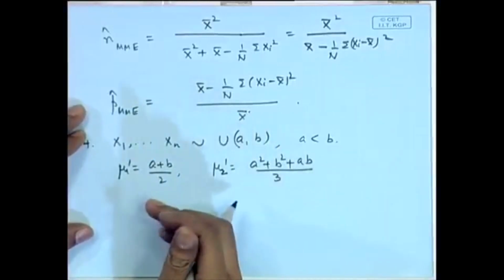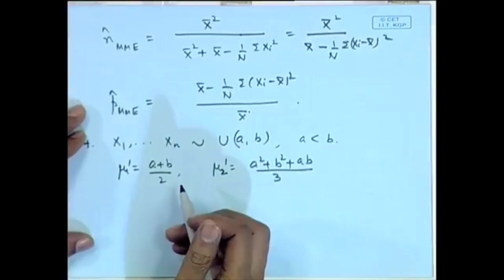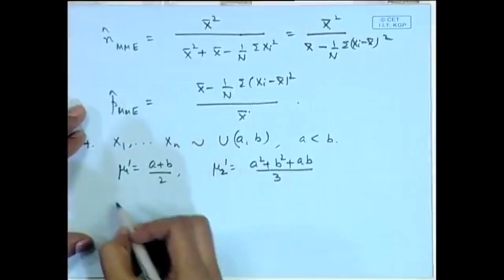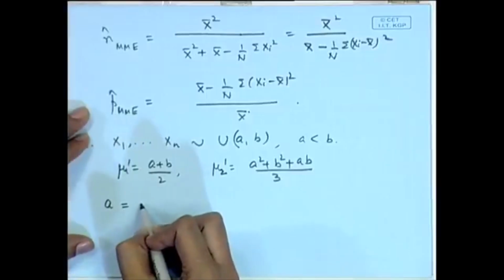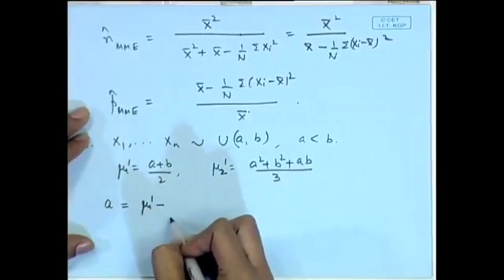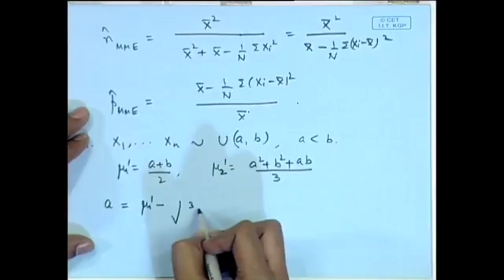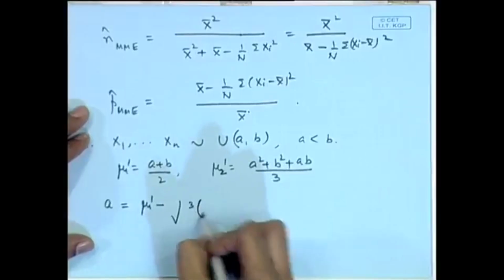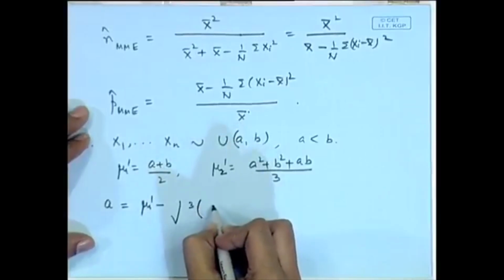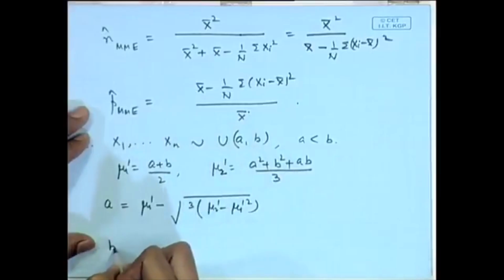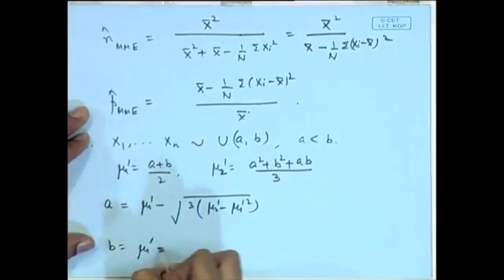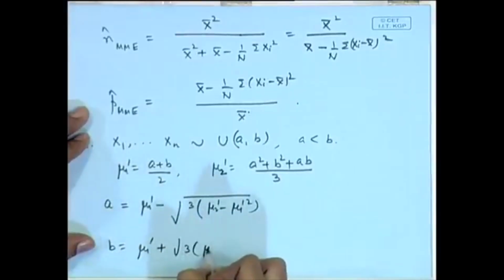So, if you solve these, you will get a as mu 1 prime minus square root 3 into mu 2 prime minus mu 1 prime square, and b is equal to mu 1 prime plus square root 3 mu 2 prime minus mu 1 prime square.